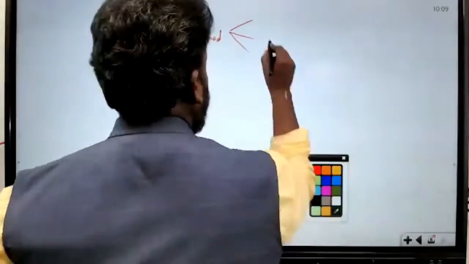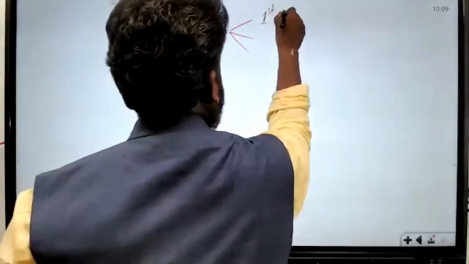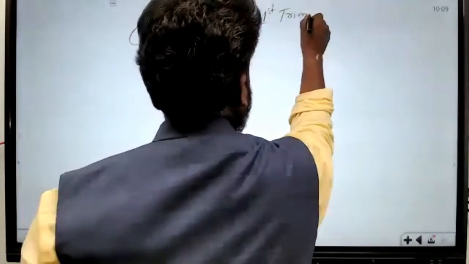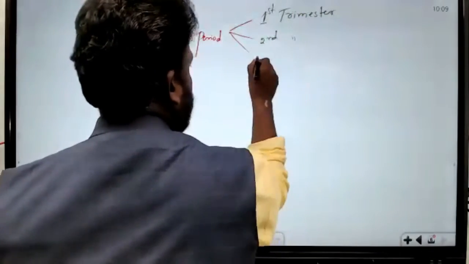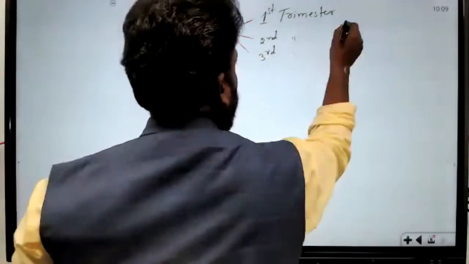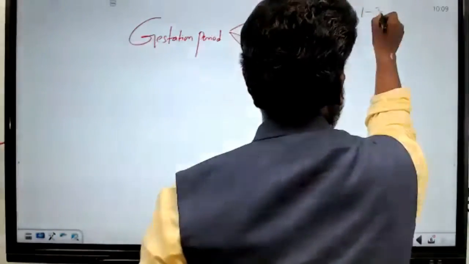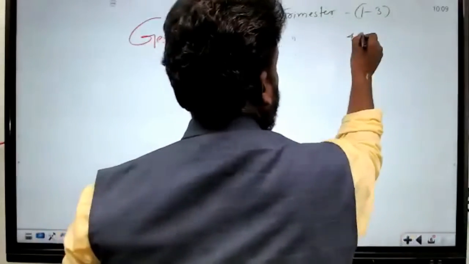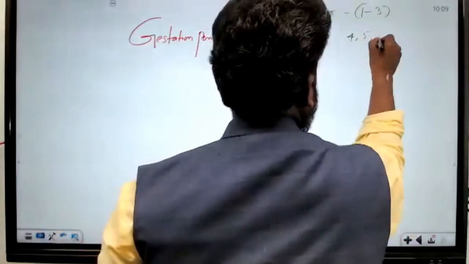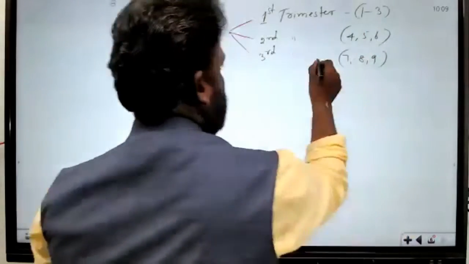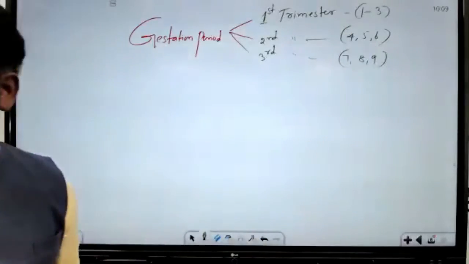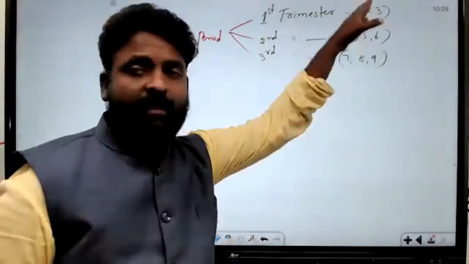The first trimester, second trimester and third trimester. So it's 1 to 3 months, 4, 5, 6 months, 7, 8, 9th month. First 3 months, next 3 months, and the next 3 months.